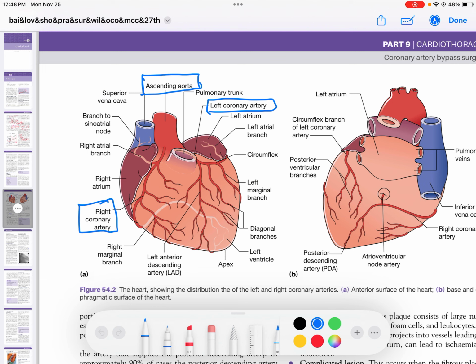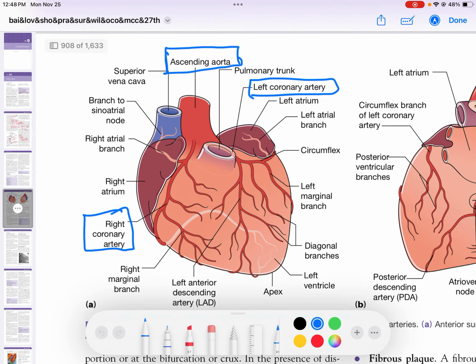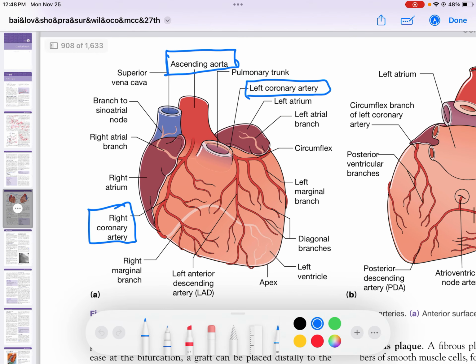Left coronary artery. The left main coronary artery arises from the aortic root.